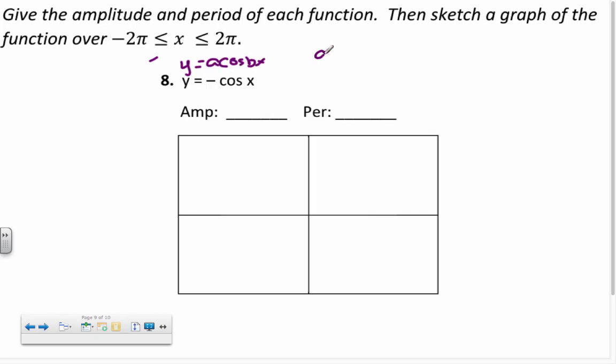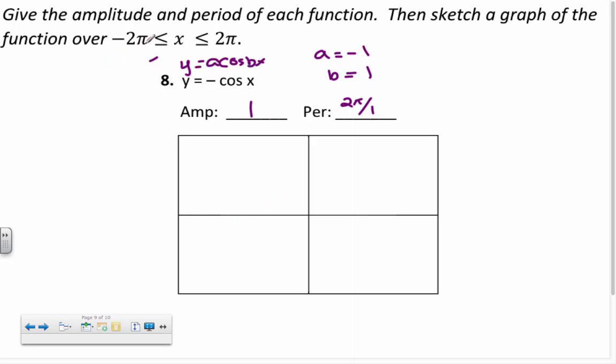Here my a is negative 1 and my b is 1. Amplitude is the absolute value of a, the absolute value of negative 1, which is just 1. And my period is 2 pi over the absolute value of b, or 2 pi over 1, which is 2 pi.